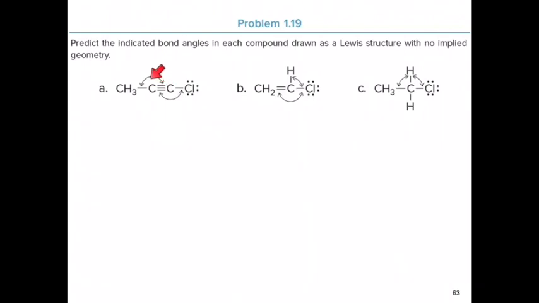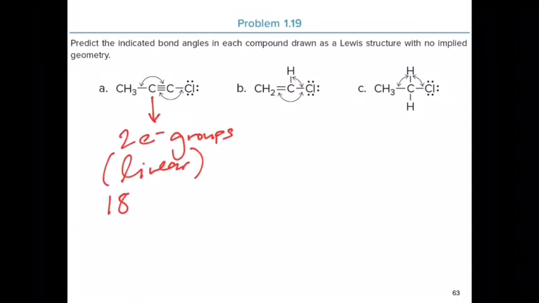So that means it has a total of 2 electron groups. And any molecule with 2 electron groups is considered a linear molecule. And so this carbon makes a linear molecule, and it has 180-degree bond angle. So this bond angle here is 180 degrees, and this bond angle is also 180 degrees.